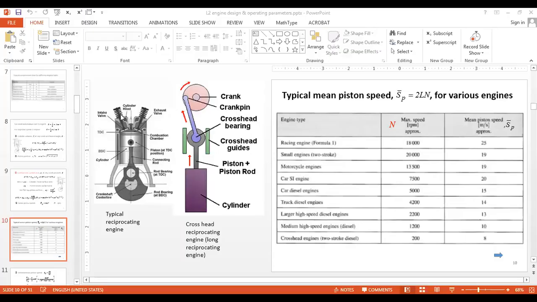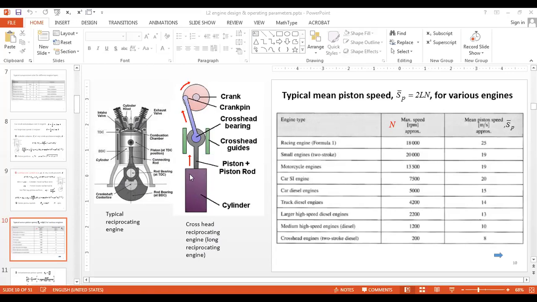Let me show you how the crosshead engine looks. This is a typical reciprocating engine: the crankshaft connects with the connecting rod, which connects with the piston. But for the crosshead, which we sometimes call a long reciprocating engine, the cylinder is up here, in the opposite direction.